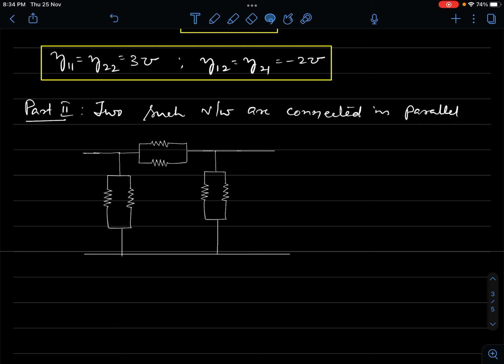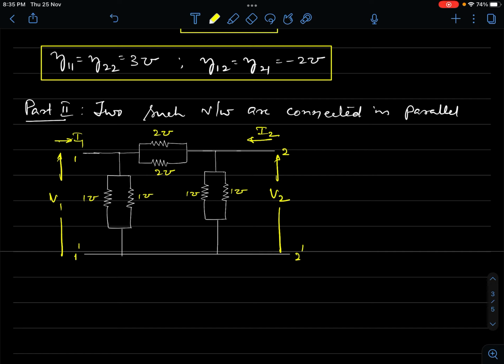So if I parallel, I'll get a 2 mho more here. This again is my 2. This is 1, this is 1, this is 1, and this is 1. This is my V2, this is I2. I'm taking the positive directions of flow of current I1 and V1. The pair of terminals 1 and 1 dash make an input port, and the pair of terminals 2 and 2 dash make an output port.